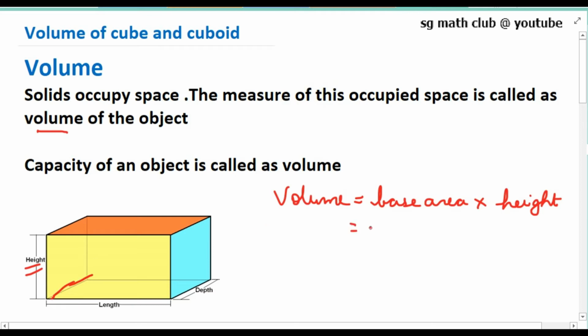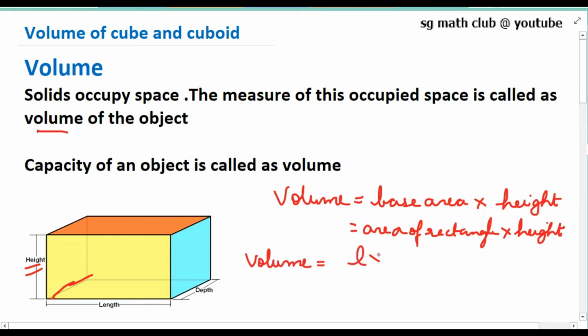So area of rectangle into height, and area of rectangle is length into breadth. So volume of cuboid is equal to length into breadth into height. So this is the formula for volume of cuboid.